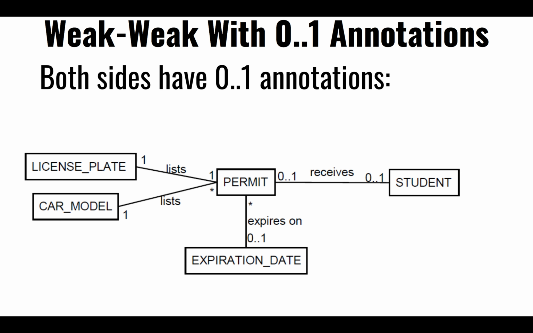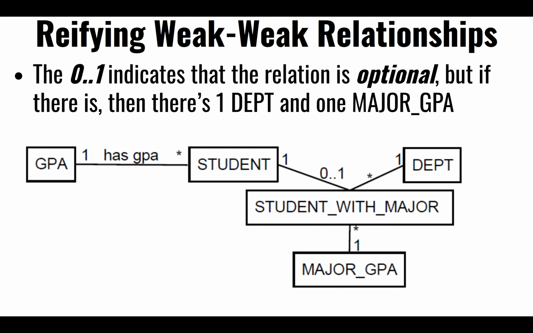Yes. But that question about the student and GPA, I feel the relationship is many students have one GPA. I don't have one. Many students? Where? Here? Yeah. No, what you're saying here is that one particular student, if they enroll in a particular department, then they might have a record in here, the student with major referencing the department and referencing the GPA.